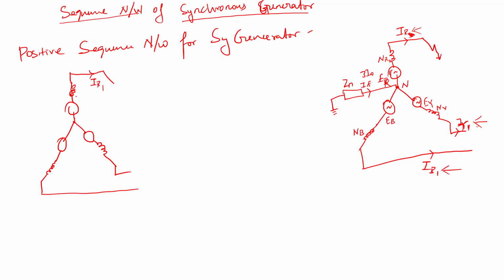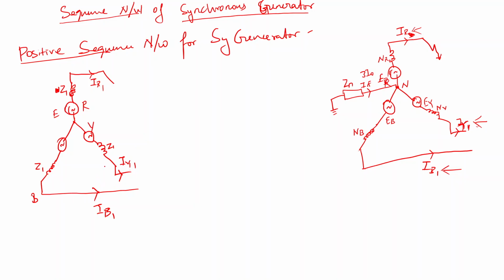We know that for the generator I need to get E as well as N, and Z1, and this is Z1, this is also Z1, because all these Z values are positive sequence. So for positive sequence my Z value is Z1, and the current flowing through here is IY1, and here it is IB1, because this is the B phase, this is the Y phase, and this is the R phase. So the RYB respective currents are flowing here.